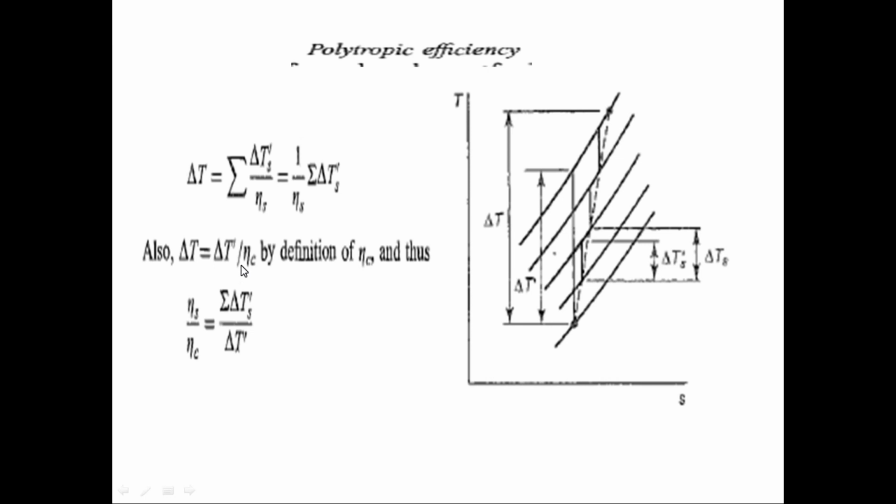But from the definition of the compressor efficiency, we know the actual change in the temperature can be written as the ideal change in temperature isentropically divided by the compressor efficiency.